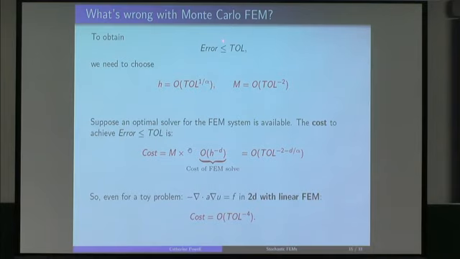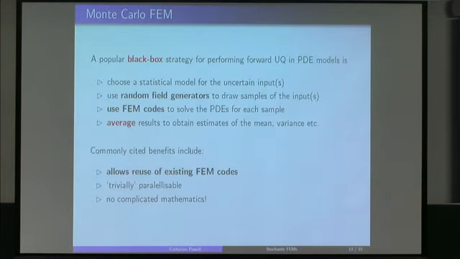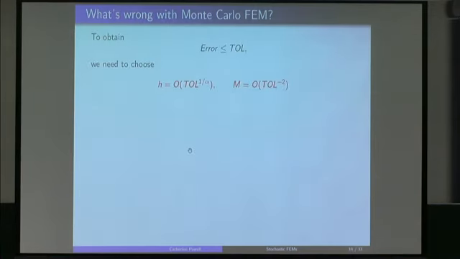If I decrease my tolerance by a factor of 2, I have to do 16 times more work. If I want one more digit of accuracy, I want to reduce this by a factor of 10, that's 10,000 times more work. Okay? So the important thing, not to be patronizing, is this isn't the only thing that kills you. When you factor in the cost of the computation that you have to do in order to achieve this, it's a much bleaker picture.